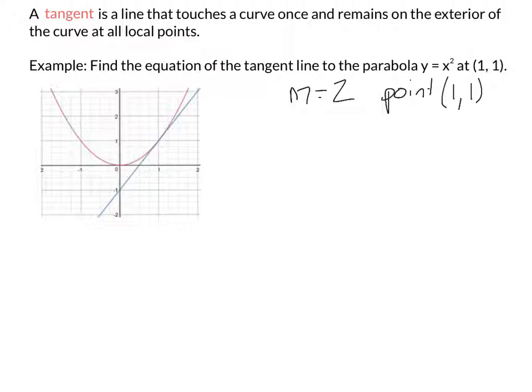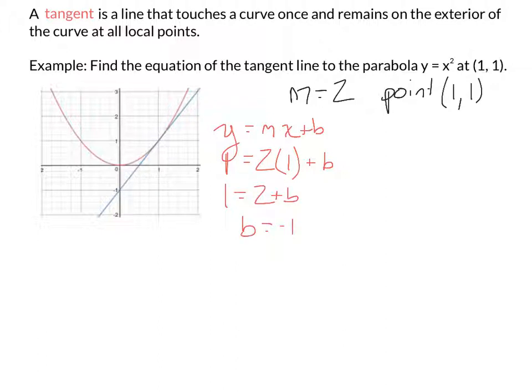I can do this in two different ways. I have my y equals mx plus b, and I'll put 2 in for m, and for now I'll put 1, comma 1 in for x and y and figure out what b is. So 1 equals 2 plus b, so b has to be negative 1. My other option was to do the point slope form.